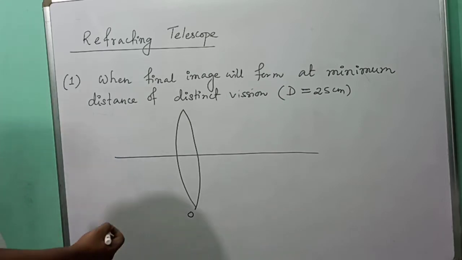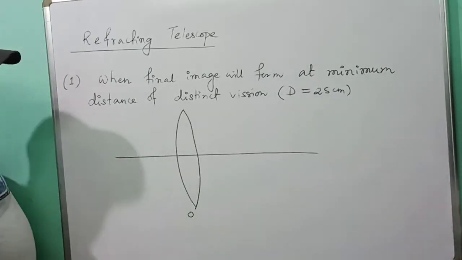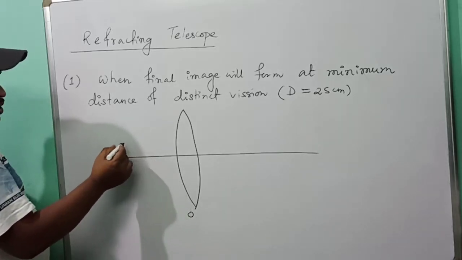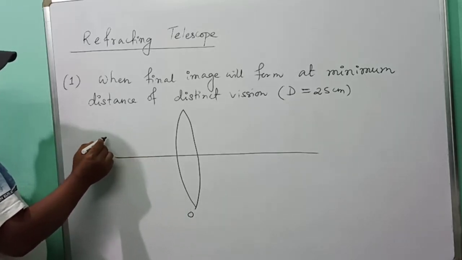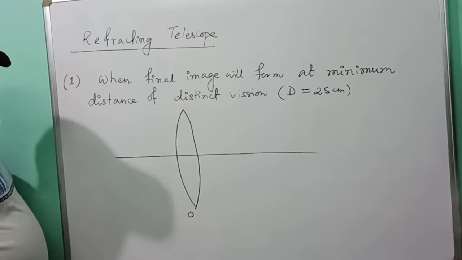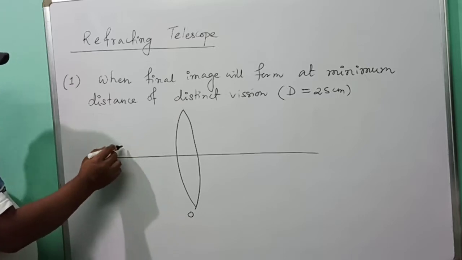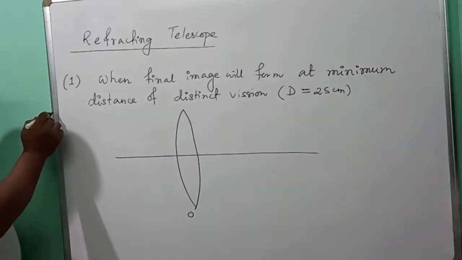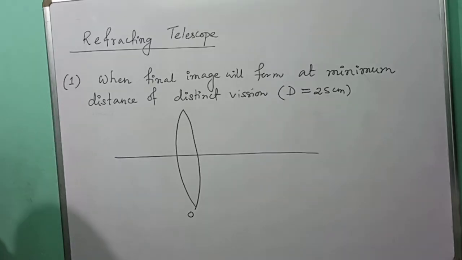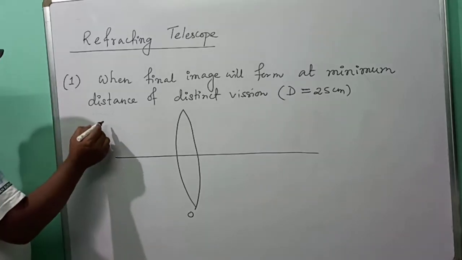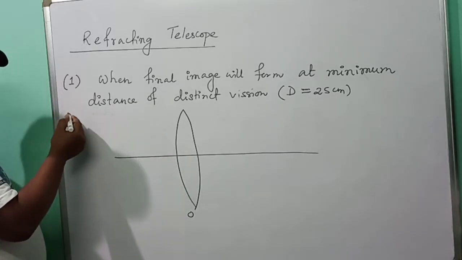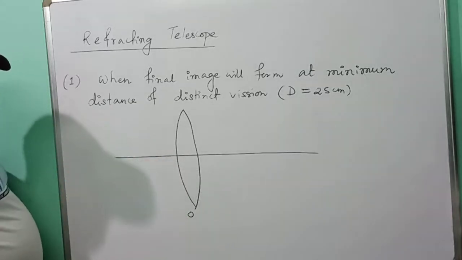Now for this objective lens, consider incident light coming from an object that is at infinity. That means the object will be at infinite distance from the objective lens.